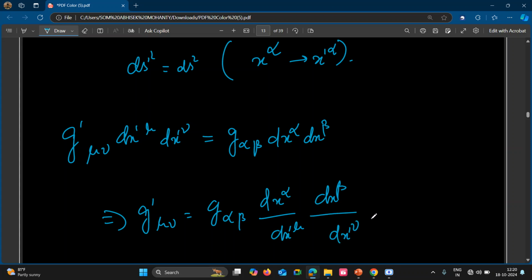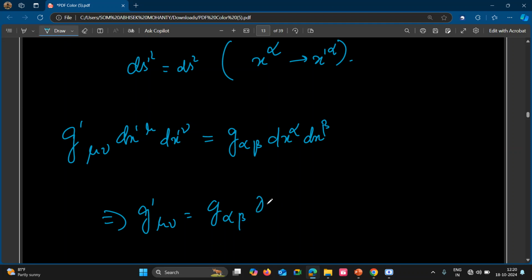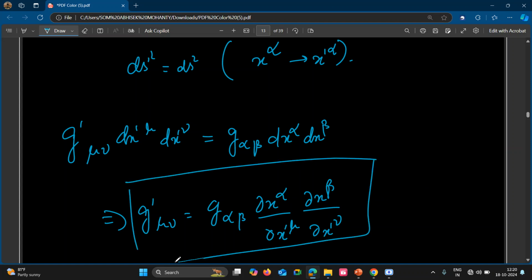Or we can simply write them as partial derivatives: del x alpha by del x dash mu and del x beta by del x dash nu, times g alpha beta.